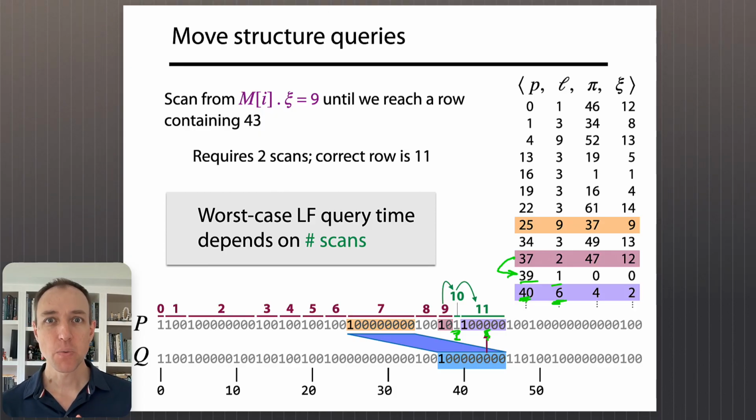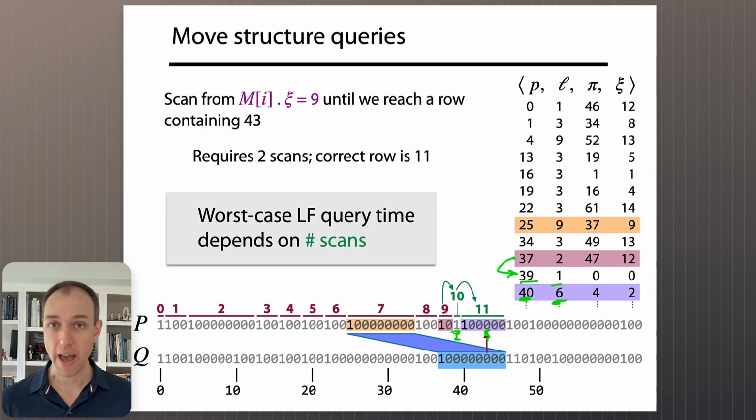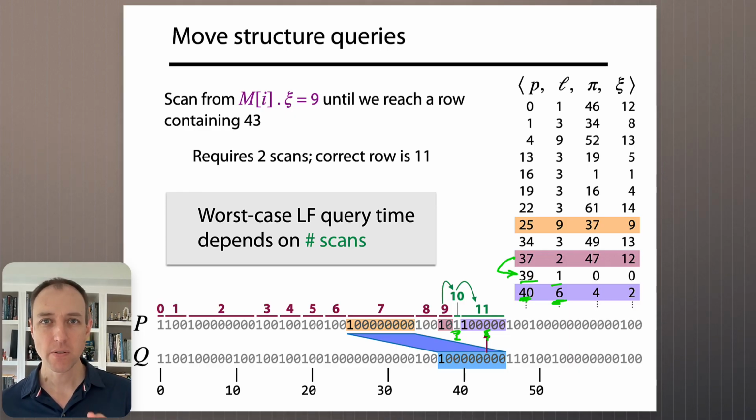The amount of work that we're doing overall is proportional to the number of linear scan steps we have to take. So we want to argue that this query is fast, in fact, eventually that this query is constant time. We have to think about whether and how this number of scans we might have to make is bounded. Is it bounded? What can we bound it by?